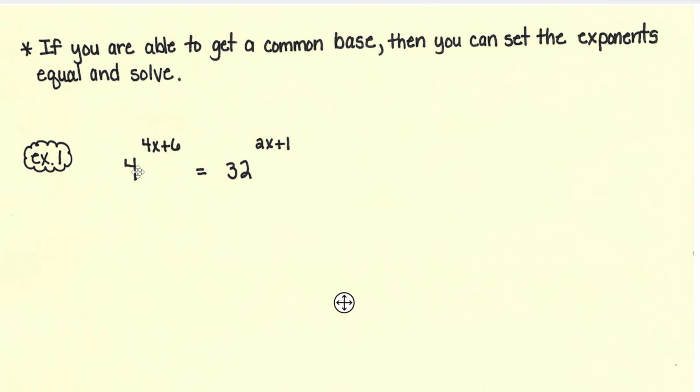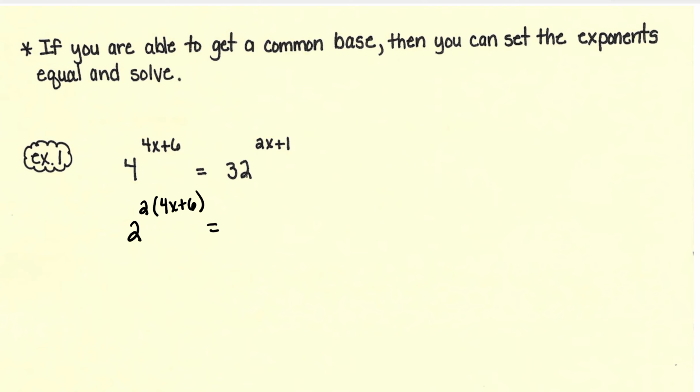I have a base of 4 and 32. And what I need to do is to make both of those be the same number raised to a power. So 4 is 2 squared. Bring down the 4x plus 6.